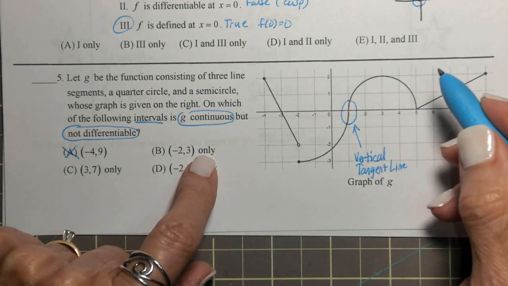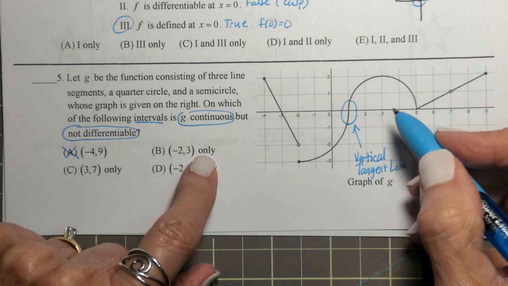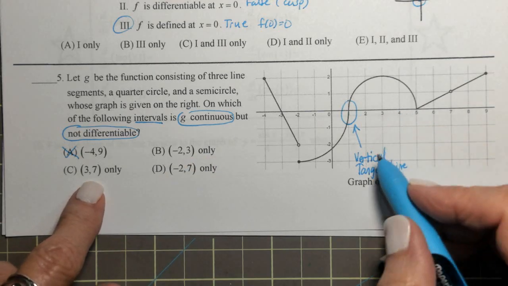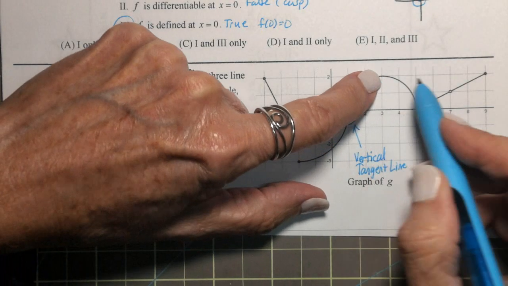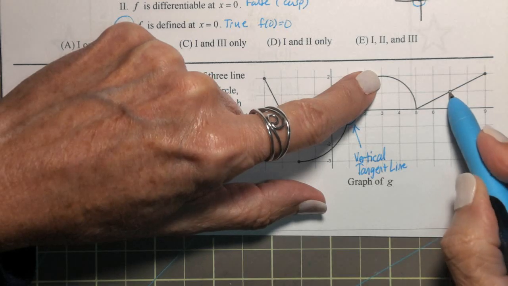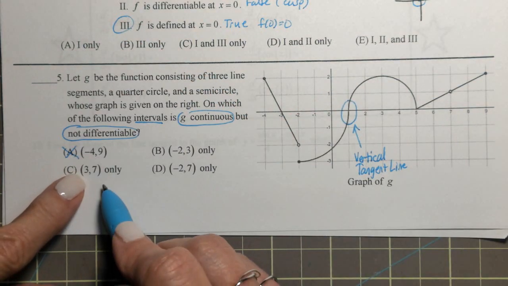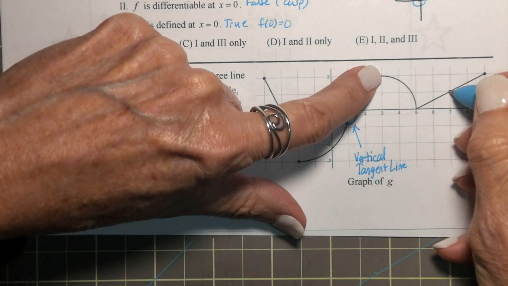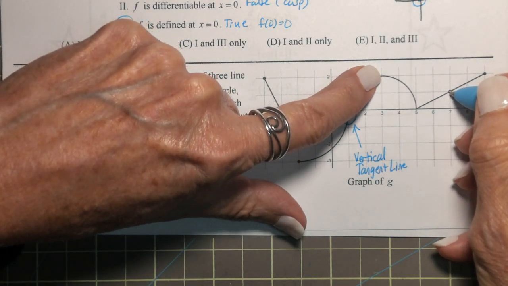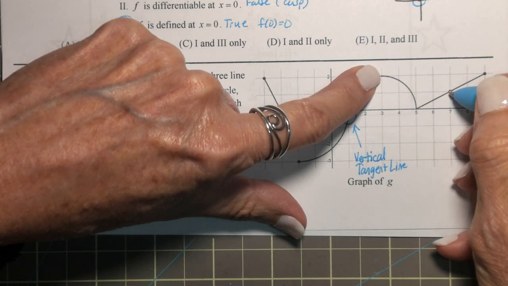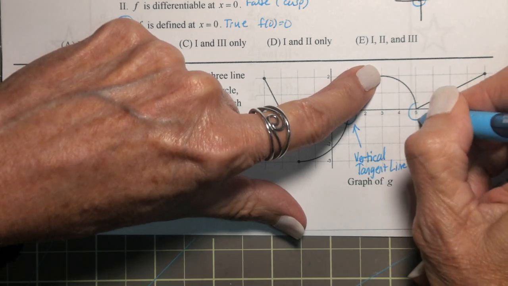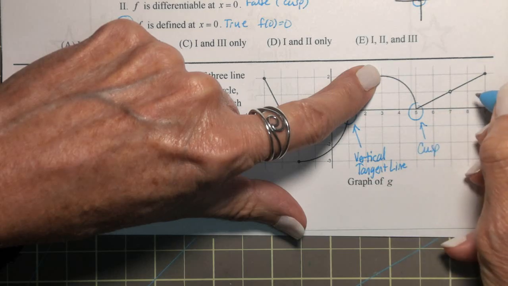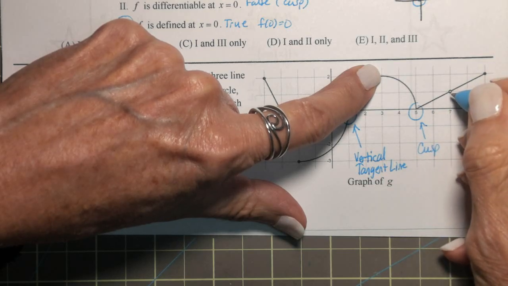So is there any other spot where G is continuous and not differentiable? 3 to 7. From 3 to 7. And these are open intervals, so it never reaches 7. From 3 to 7. Is it continuous? Sure it is. Is it differentiable? No, it is not, because we have a cusp, or a corner when x is 5.